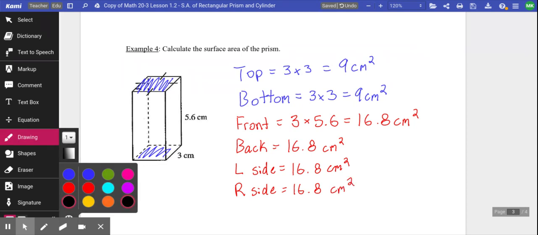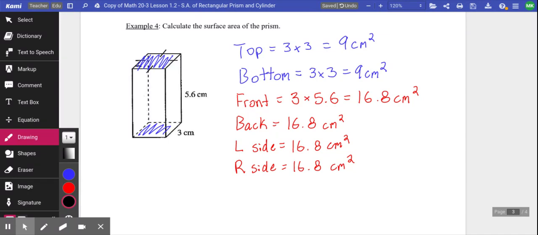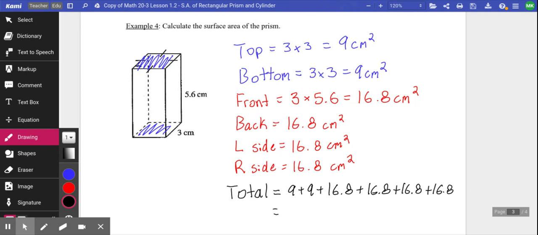Your final job is always to total it up. That'd be 9 plus 9 plus 16.8 plus 16.8 plus 16.8 plus 16.8. You throw that in your handy dandy calculator.